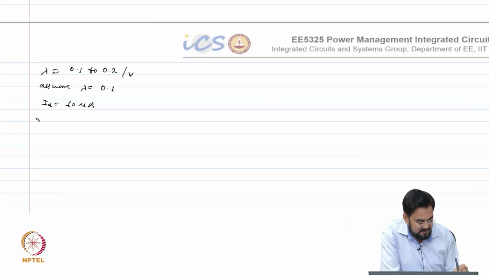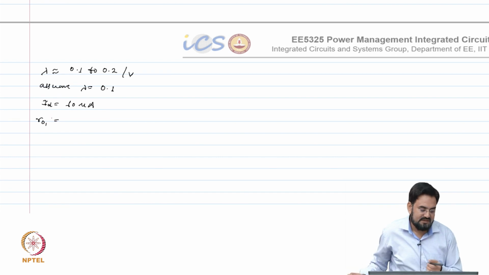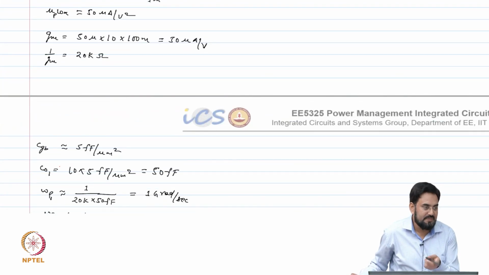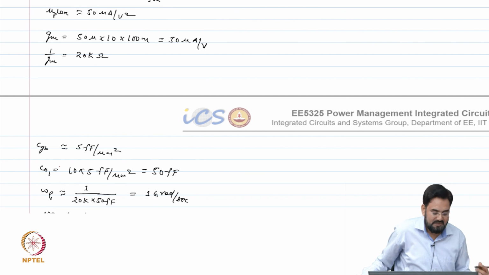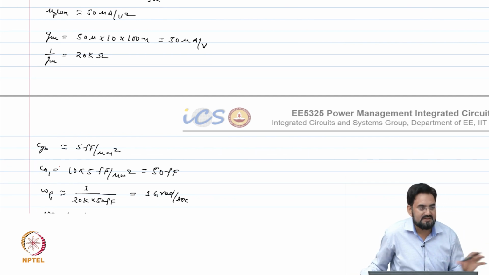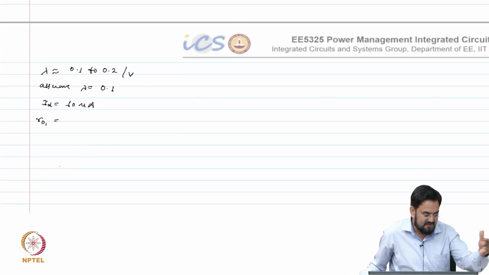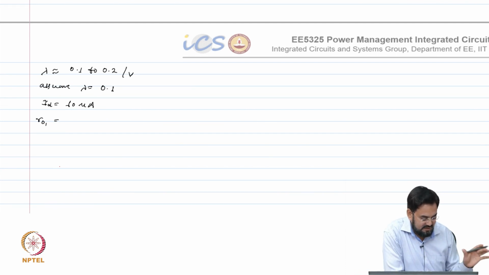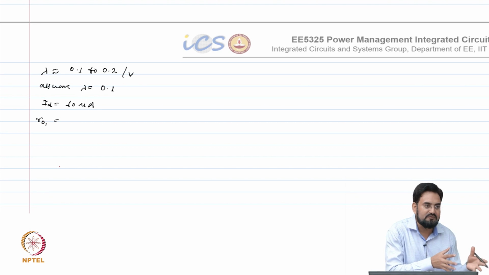So, what is RO1? By the way, this lambda might be different for PMOS and NMOS, but for simplicity let us assume the same for calculation. When you start simulating you may get a different number, but that is fine. I just want to give you an idea of how you find the R out.